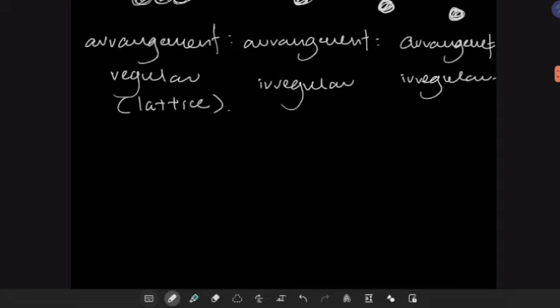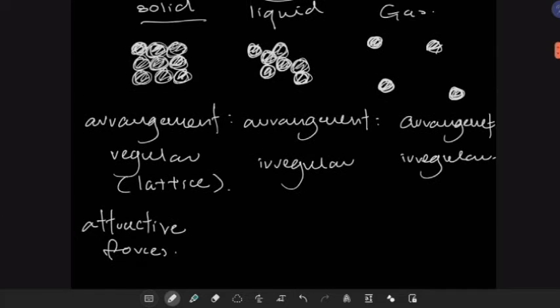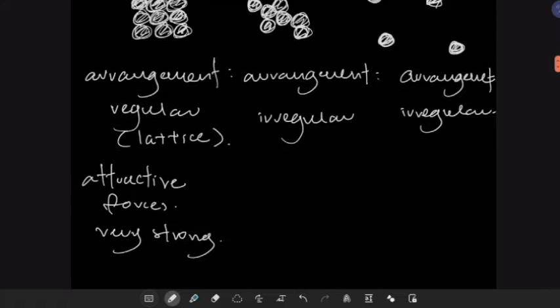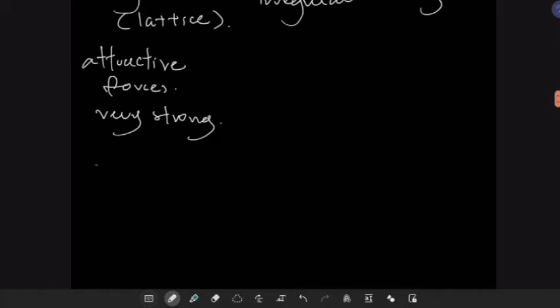Now let's talk about the attractive forces between each one. The attractive forces between solid particles is that it's very strong. And that is why it is touching. You can say that the particles are touching.